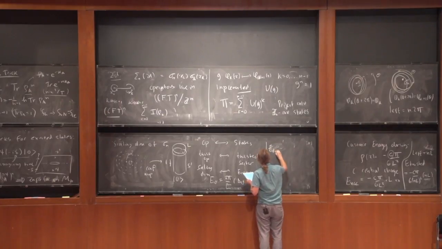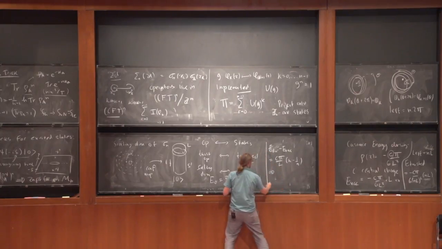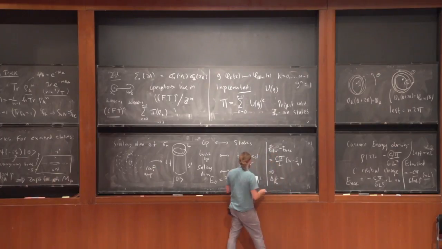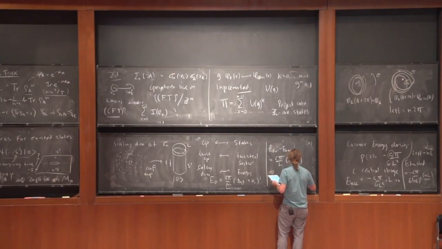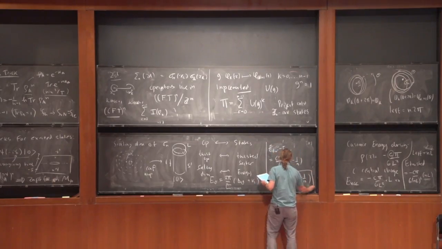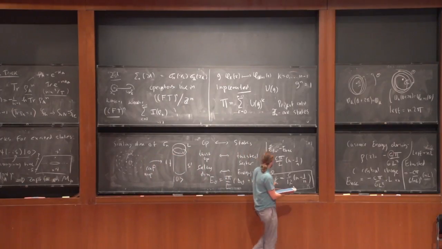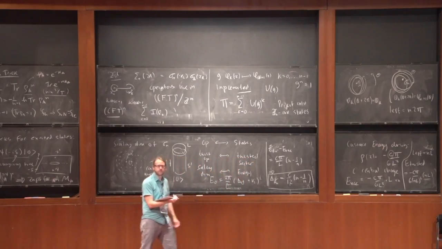The difference in the energies from the vacuum is then C pi over L, n minus 1 over n. And so that implies, assuming the dimension of the unit operator is 0, the dimension of these twisted operators is C over 12, n minus 1 over n. So that's the final formula, and I'm out of time, so next time we'll use this to calculate the Renyi entropies. Okay, so we finish there.